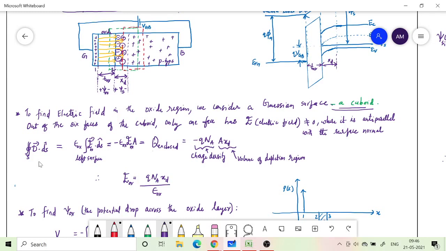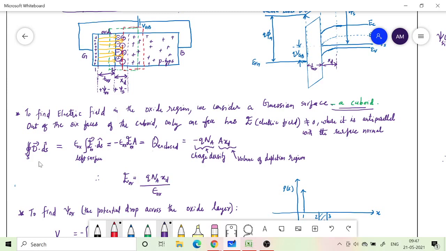But for any capacitor, if the plates are very close by, like the thickness of the oxide being so small, then you can think of the in-between region as having a perpendicular electric field. And if it is perpendicular, it is easy to take the dot product E dot dS, because dS is a normal vector perpendicular to the surface of the cuboid, pointing outward. So dS is actually in the minus x direction for this left surface.